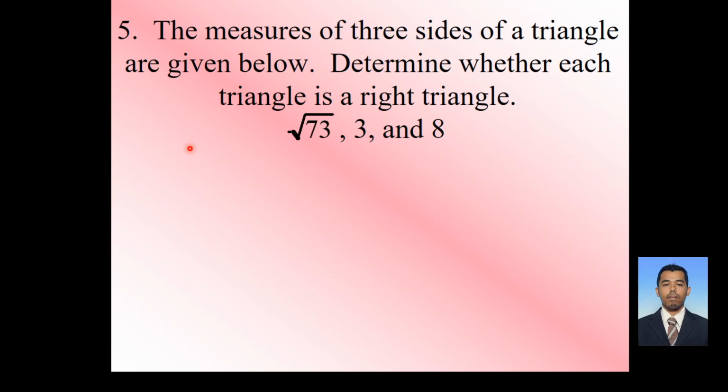Now, for example number 5, the measures of the three sides of a right angle triangle are given below. Determine whether each triangle is a right angle triangle given the three side values: square root of 73, 3 and 8. Which side is the biggest of these three values?